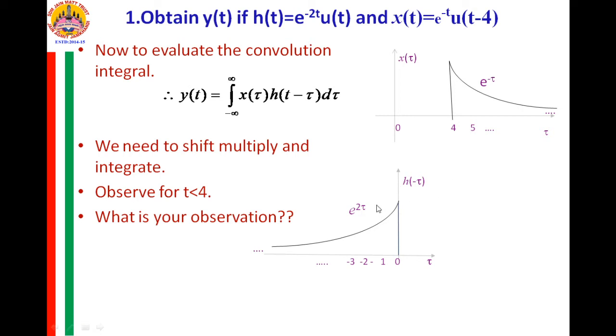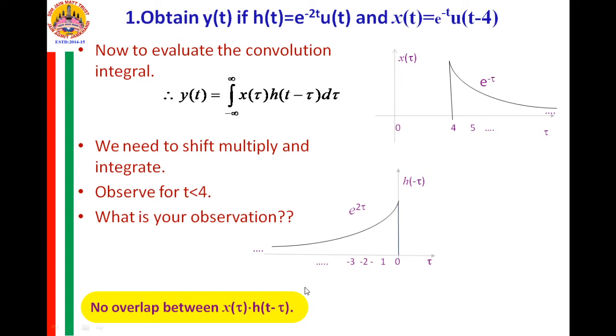Imagine that you are shifting it towards the right side and observe it up to t equal to 4, or t less than 4. What is your observation? You have to imagine that you are moving this h of minus tau towards the 4, and you will observe that up to t less than 4 there will be no overlap between x of tau and h of t minus tau, and therefore the product is equal to 0.